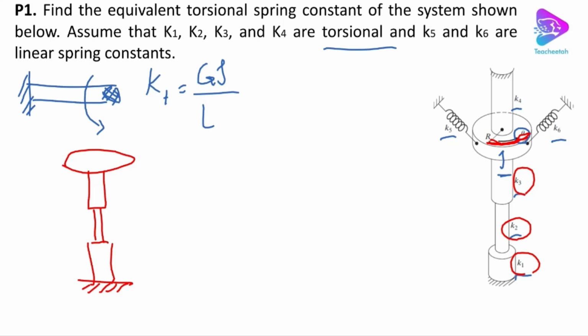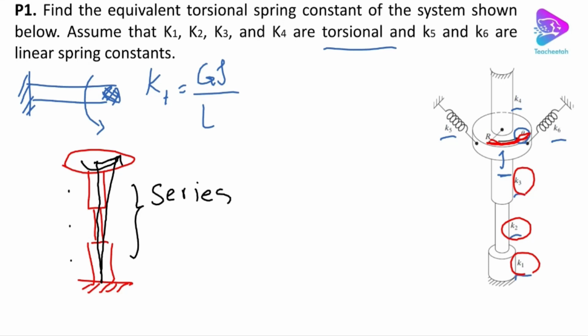If we have a rotation in the system like this, the shaft, looking at the pin or clamped point, undergoes the overall angle of rotation, and as you see, the torque is equal for each one, right? It means that we have a series connection. Why? Because the total rotation angle is the summation of the rotation of each shaft. So we have a series connection in a torsional fashion, right?